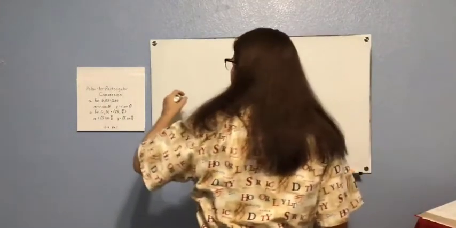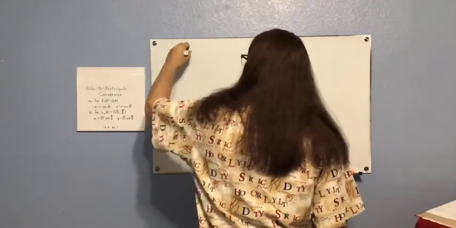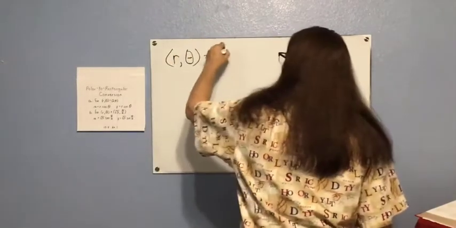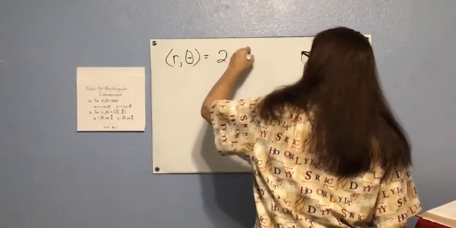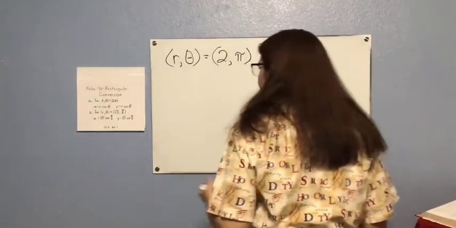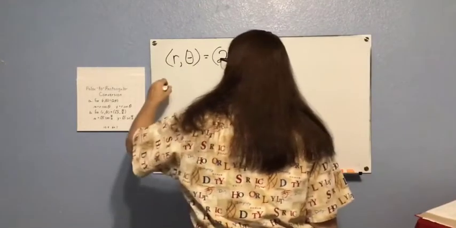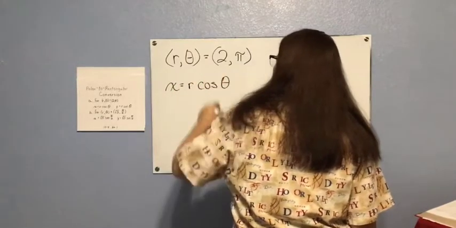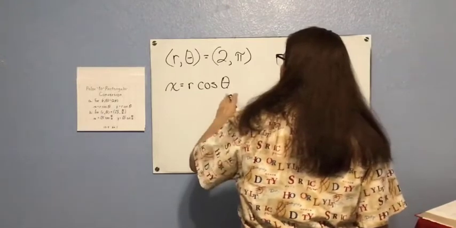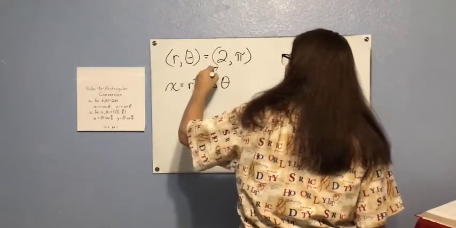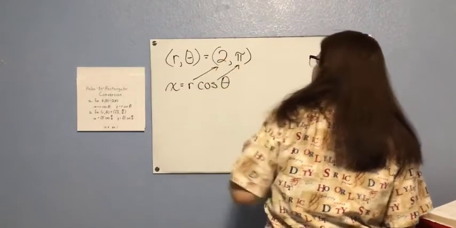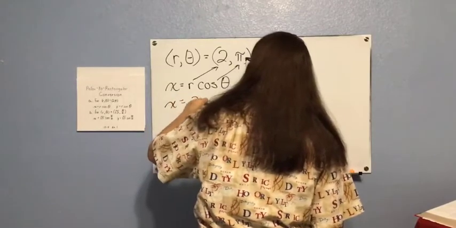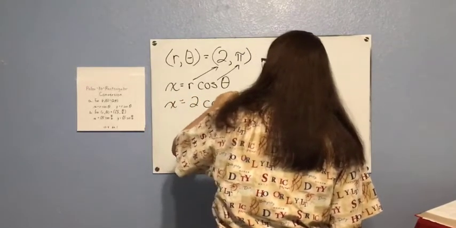So let's say we have the point written in polar, r theta of 2, pi, and we want to write that in rectangular coordinates. We need to remember that x is equal to r cosine theta. So we put in these amounts, and x is equal to 2 times the cosine of pi.